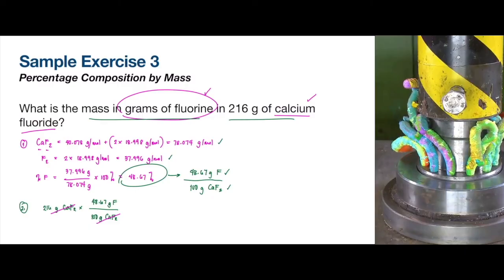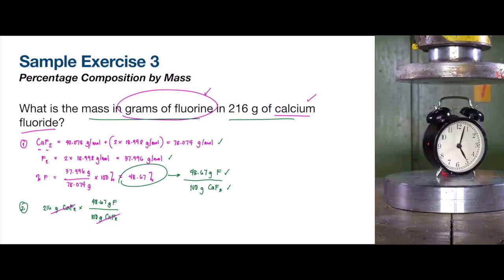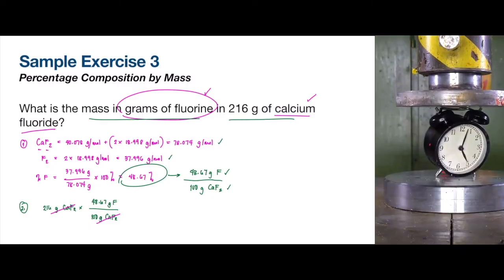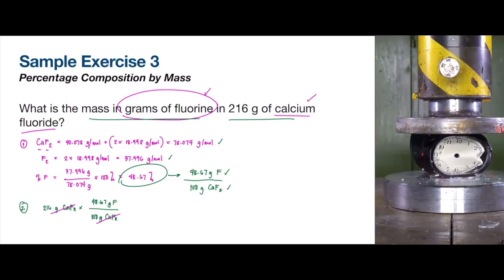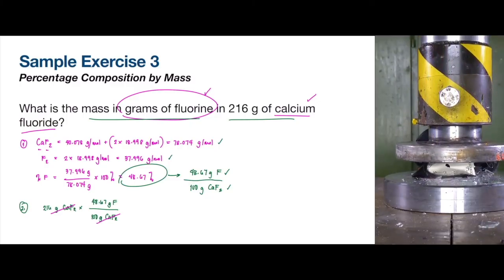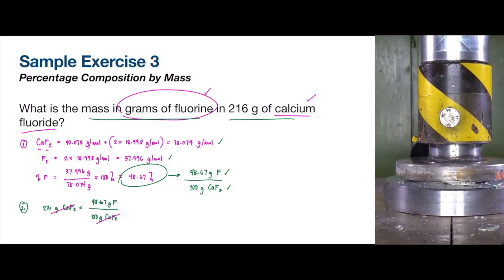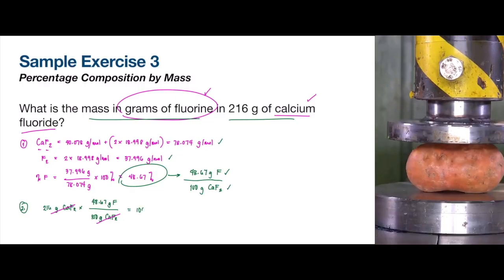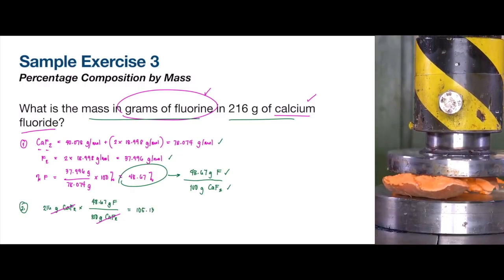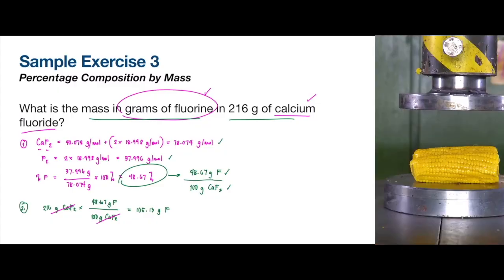So using your calculator, 216 grams of calcium fluoride multiplied by 48.67 divided by 100 is equal to 105.13 grams of fluorine.